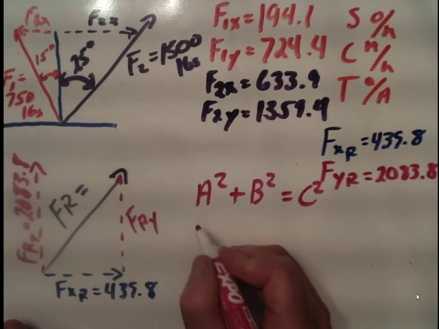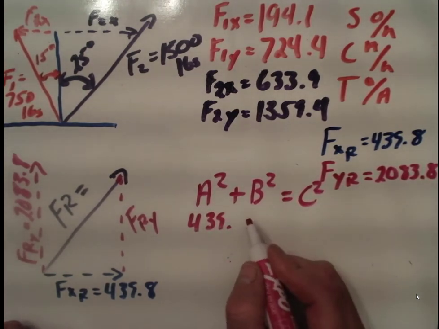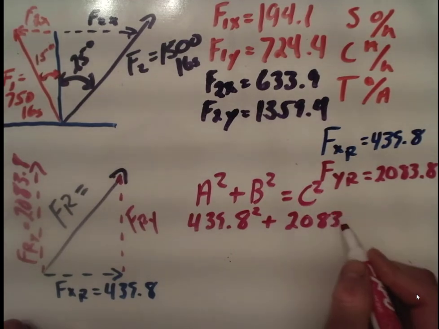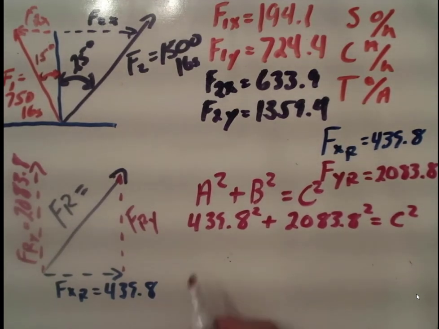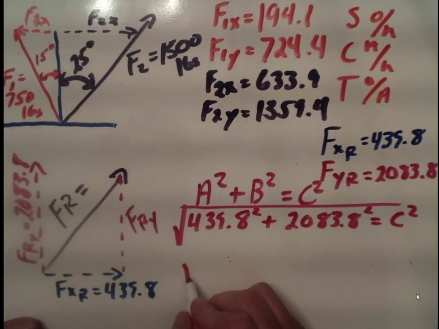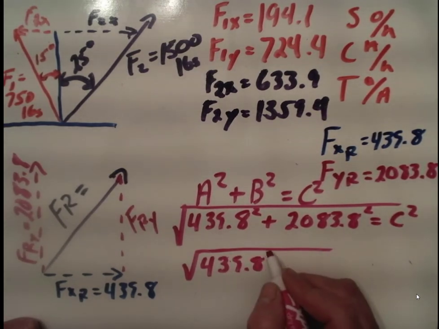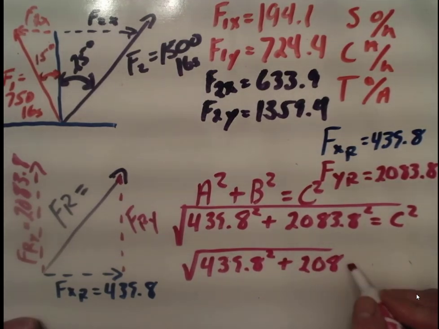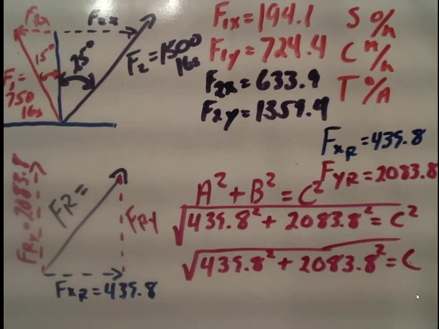A being one of these sides, so let's say 439.8 squared plus 2083.8 squared equals c squared. In order to get c, we have to square root the entire thing. So we end up with the square root of 439.8 squared plus 2083.8 squared equals c, or our force resultant.